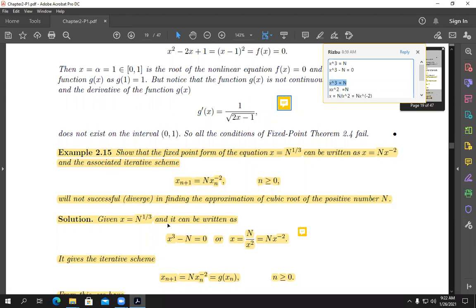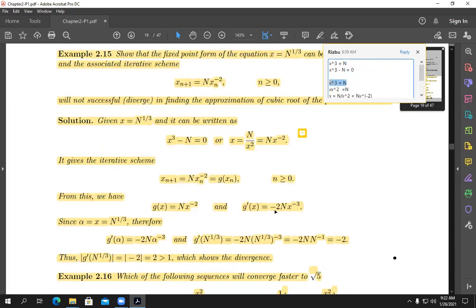What is alpha? It is not given, or given. X always means what? Alpha. So this is your alpha: n power 1 by 3. So you can put here g dash alpha equal to this one, in place of alpha n power 1 by 3.